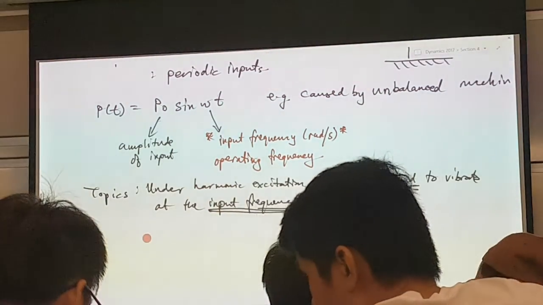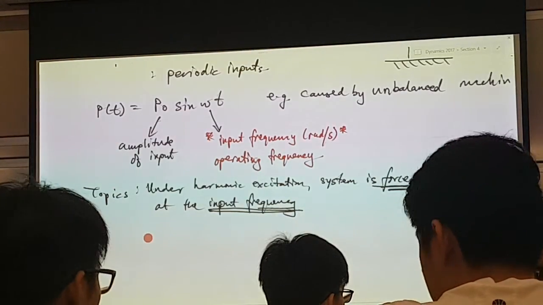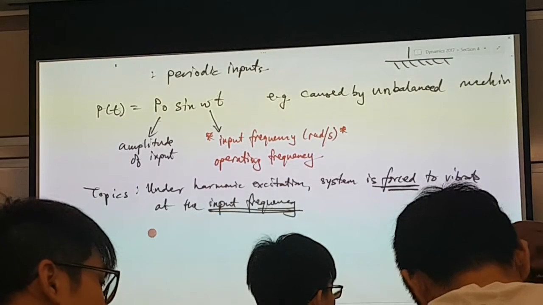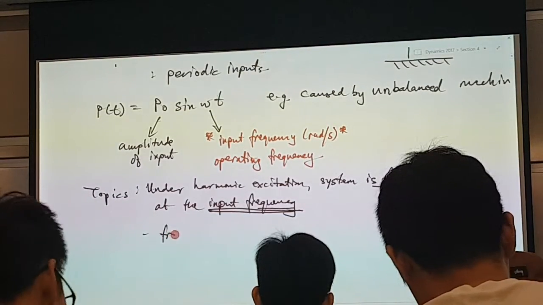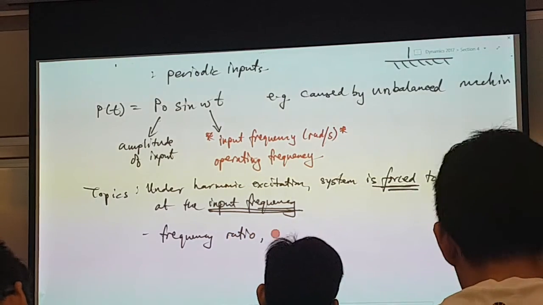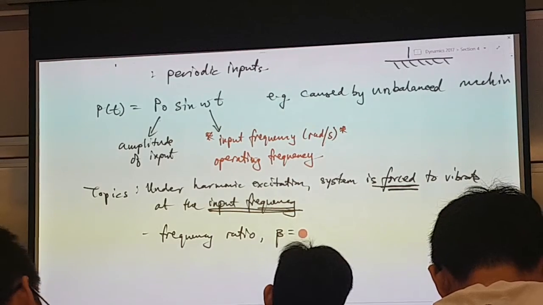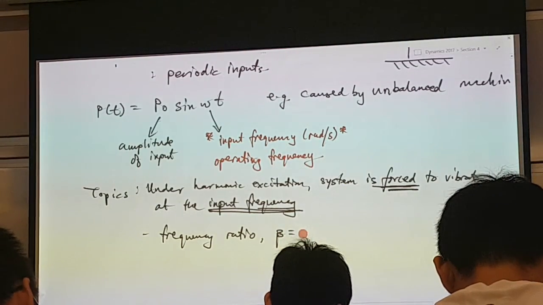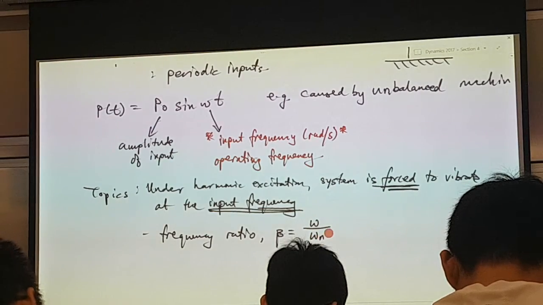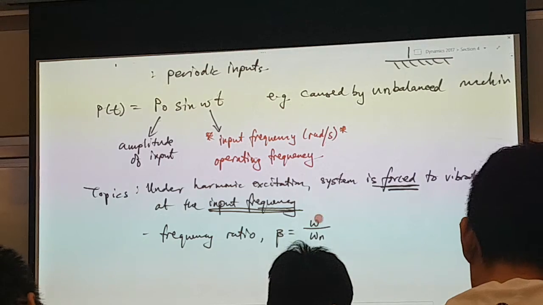So later on, you get to hear about a new term called frequency ratio. So I'm going to introduce to you frequency ratio. It's written as this symbol beta. So it's equal to omega over omega n. Omega is my input frequency.